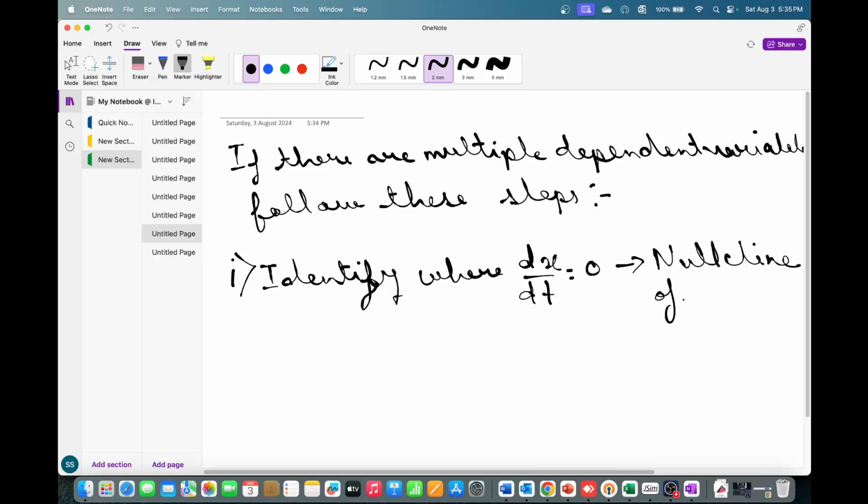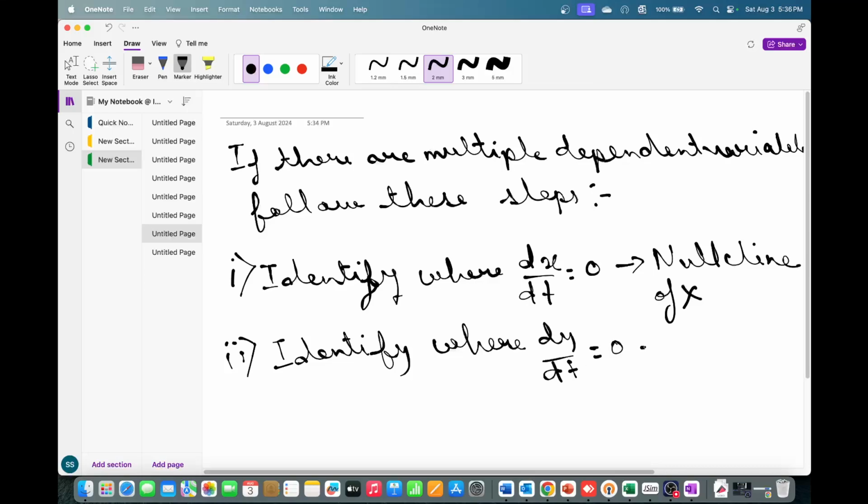Null line of x. Similarly, identify where dy dt equals 0, which is the null line of y.